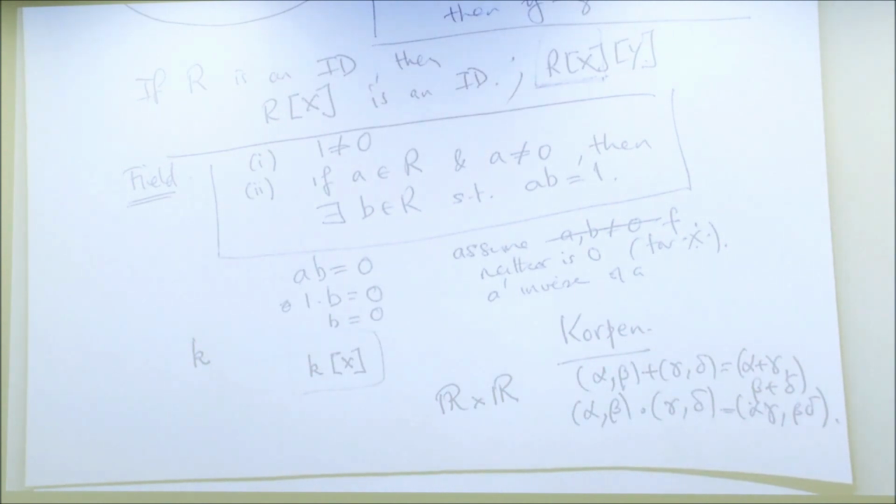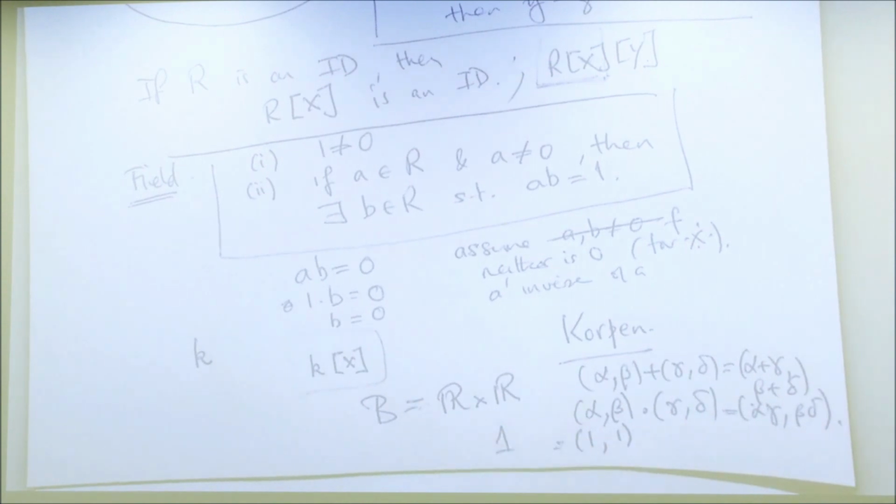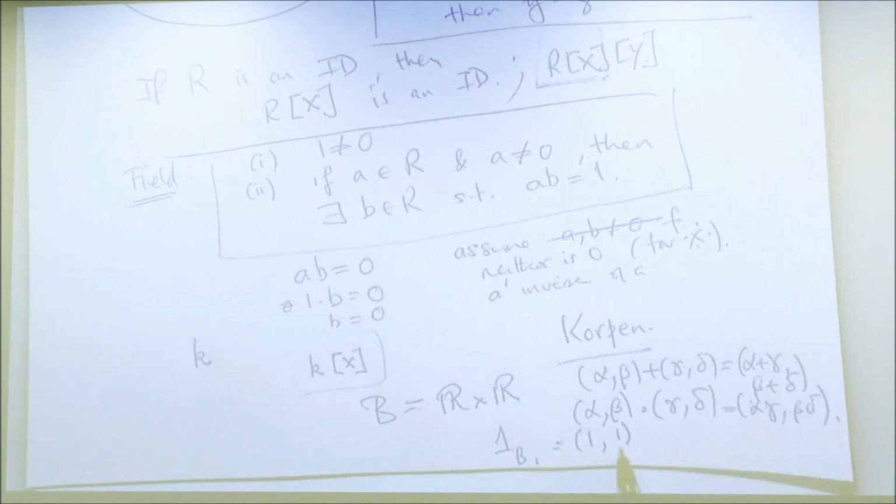Well, it's a completely routine matter to check that the ring axioms are satisfied. You're going to have a multiplicative identity, which is going to be (1, 1). So it's going to be the 1 of this ring here. Let's give this ring a name. Let's call it B for Bath. It's the Bath ring. And the multiplicative identity of the Bath ring is (1, 1).